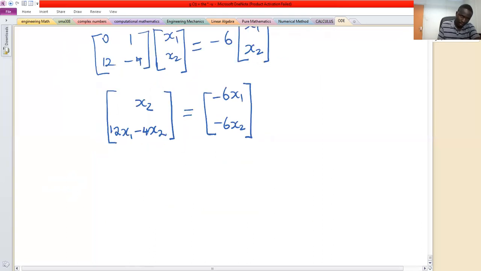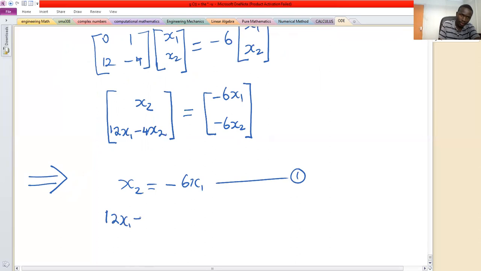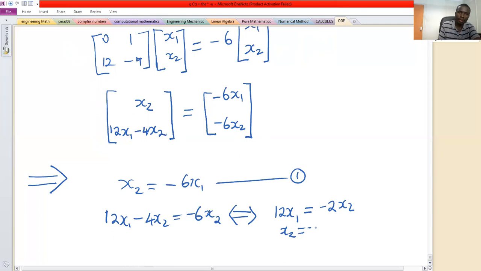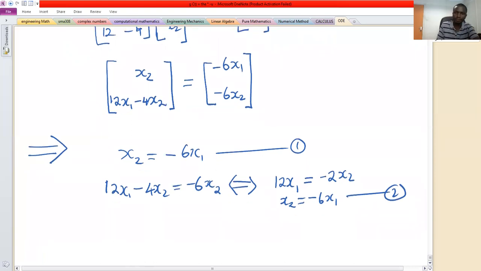And so for equality to make sense, x2 should be negative 6x1, for this equation 1, and 12x1 minus 4x2 equals minus 6x2, which means 12x1 equals minus 2x2, and you still get x2 to be minus 6x1 for this equation 2. So we can use either 1 or 2 to solve this system.